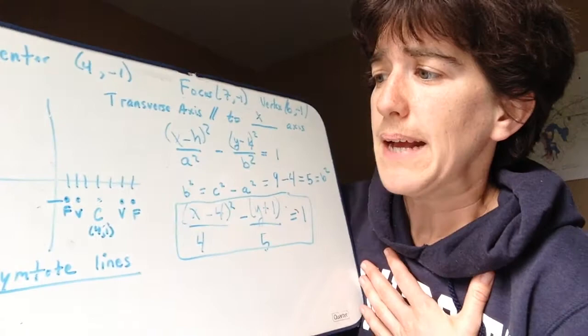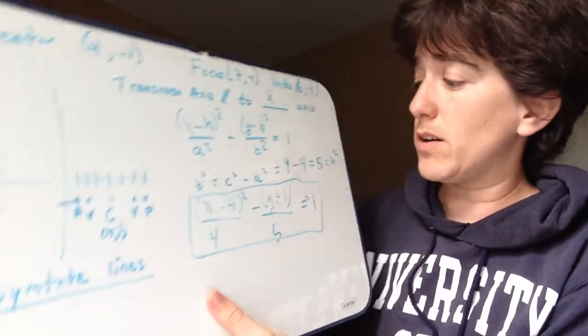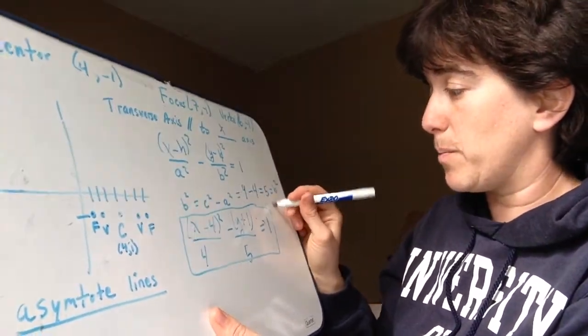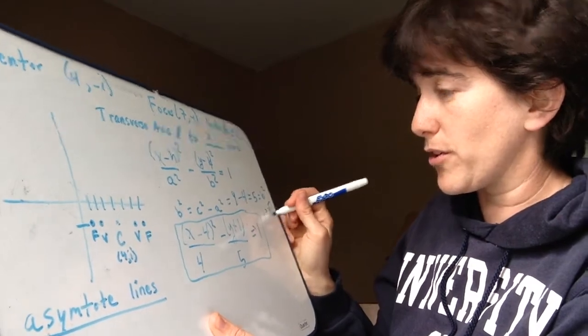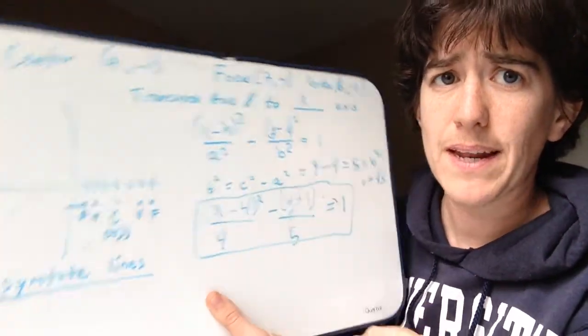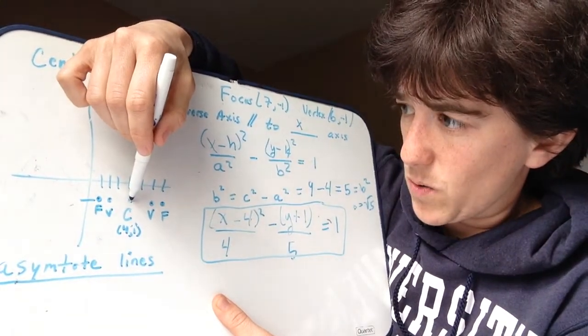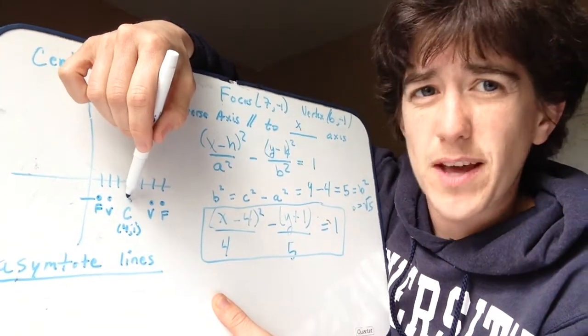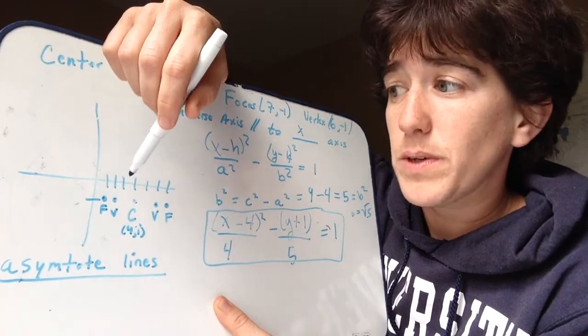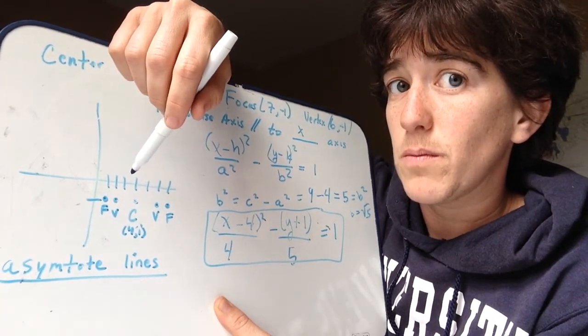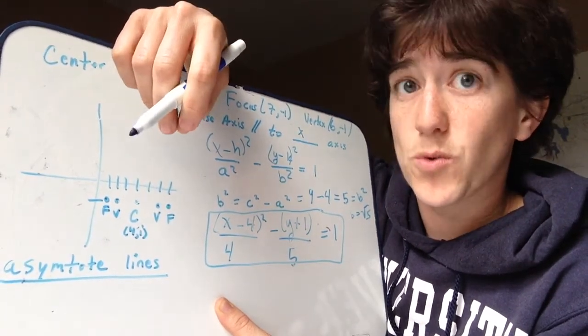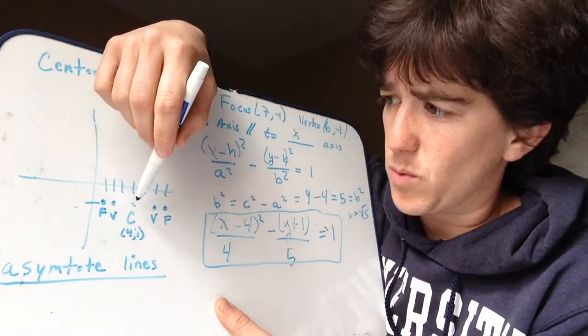So at this point, you and I also know that the b value is the square root of 5. Okay? The way that helps me is I come over here to my center, and I know that if I go over the square root of 5 is going to be a little bit more than 2, right? Because the square root of 4 is 2, so the square root of 5 is a little bit more than 2.